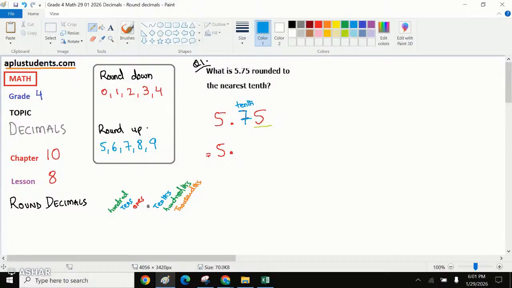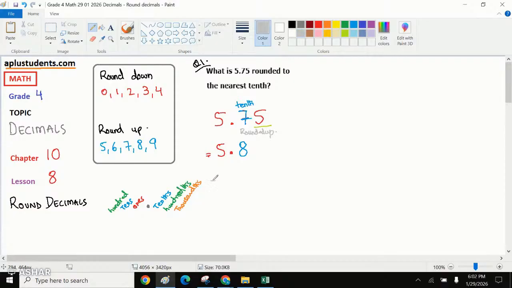That means 7 becomes 8. We are rounding up, because 7 lies in 5, 6, 7, 8 or 9. Any of these digits would round up the number. Do we agree? Yes, 5.8.